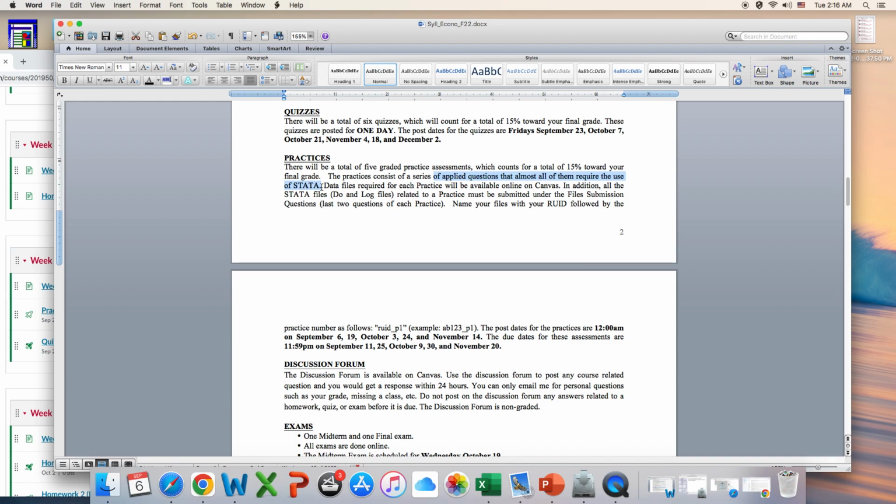And every time you work with Stata, I will need to see your do file, which is your command file, and your log file, which is your output file. So every time you have any assessment that requires the use of Stata, you will have to submit these two files, the do and the log files. And anytime you forget to upload these files, you would lose points. So I will make sure to remind you.